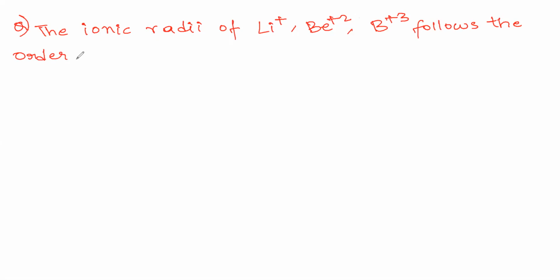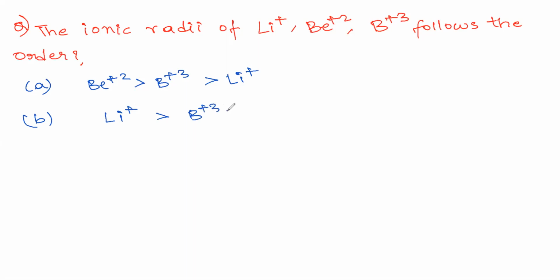First option, Be plus 2 greater than B plus 3 greater than Li plus. Second option, Li plus greater than B plus 3 greater than Be plus 2.